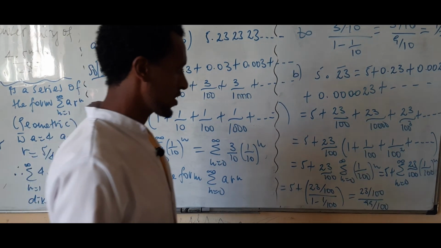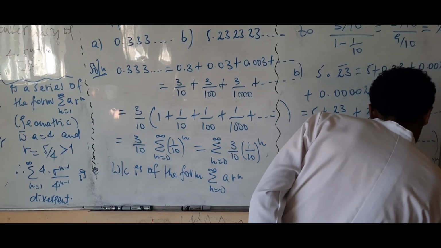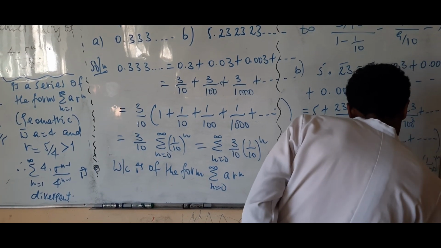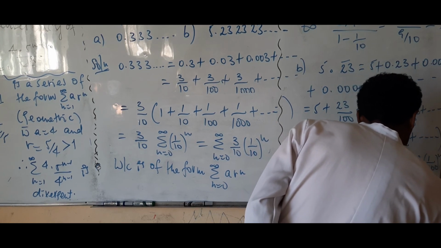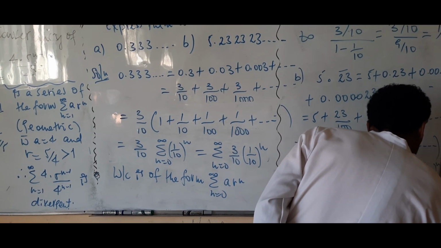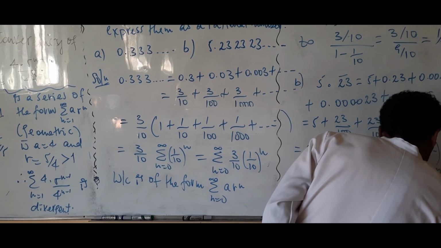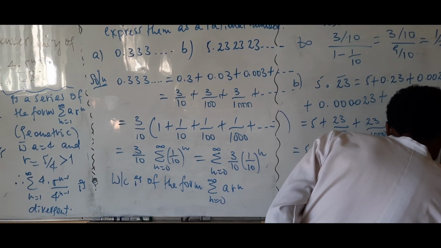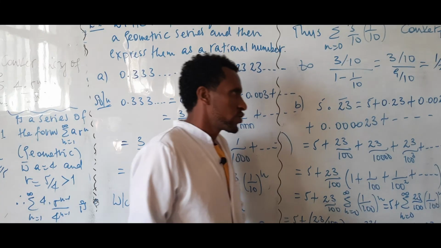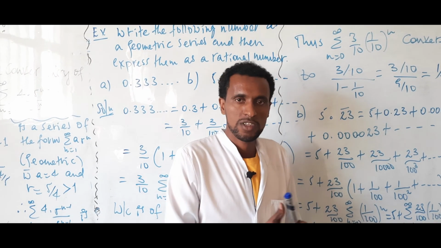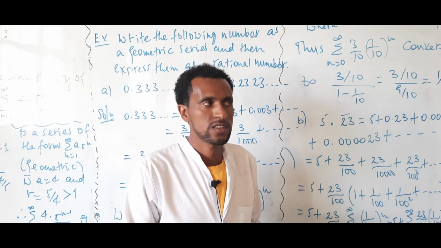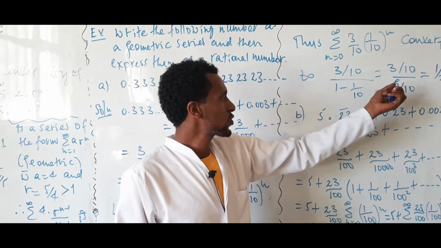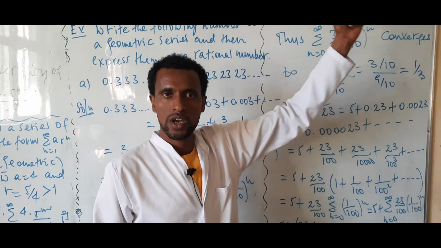That is equal to, yeah, there is 5 here. That's equal to 5 plus 23 over 99. Using the property of the geometric series is one way by which we can convert the repeating decimal into a rational number.